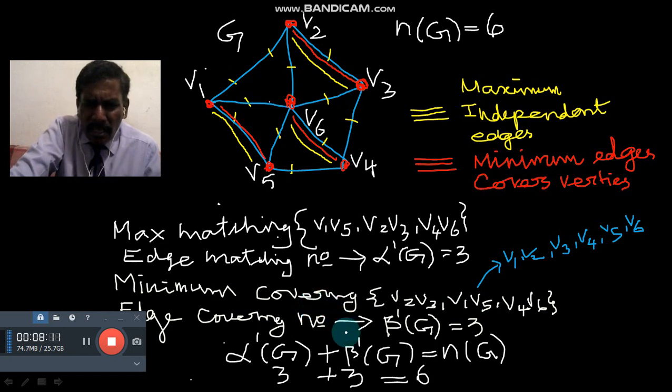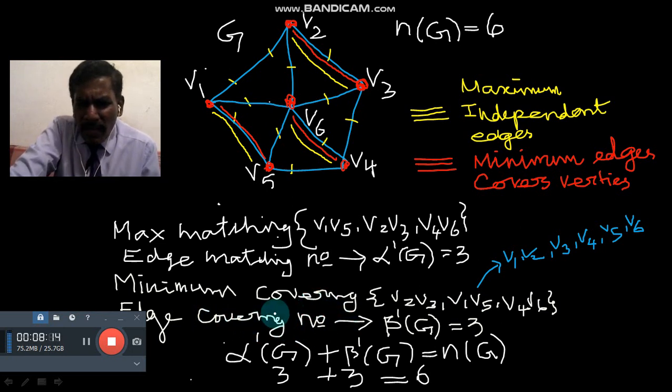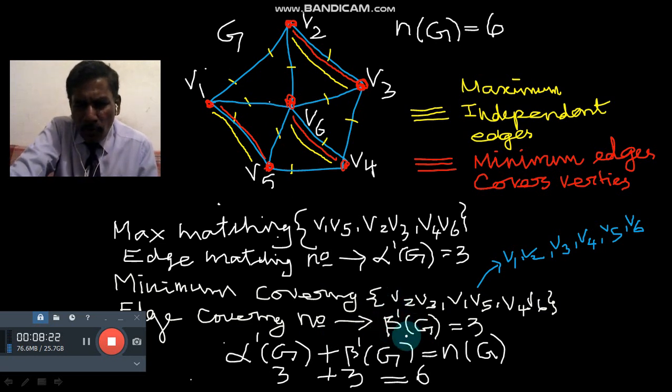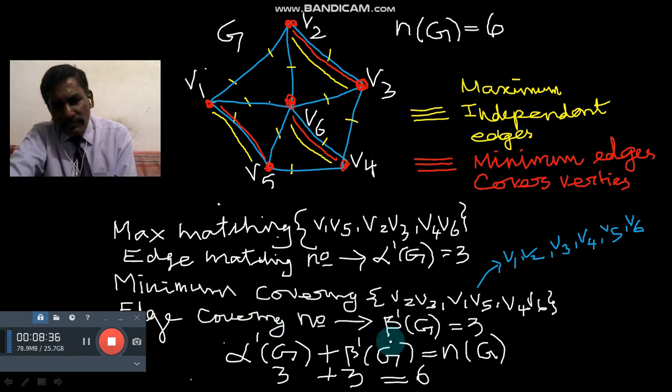The number of elements in the minimum covering is called the edge covering number, denoted by beta dash of G. Therefore, beta dash of the given graph is equal to 3.